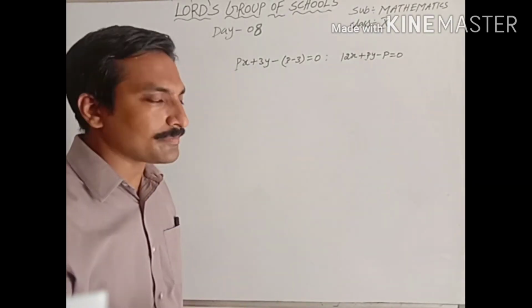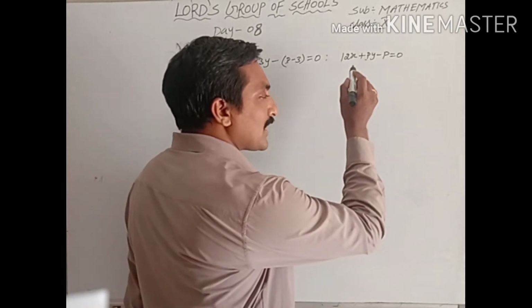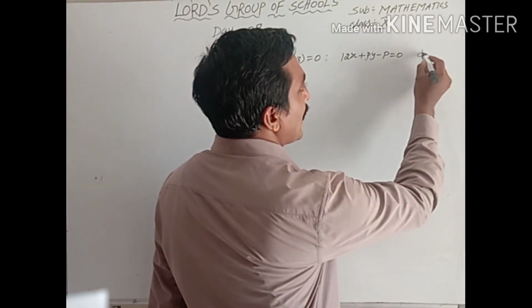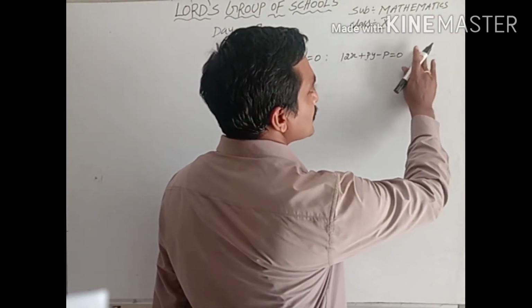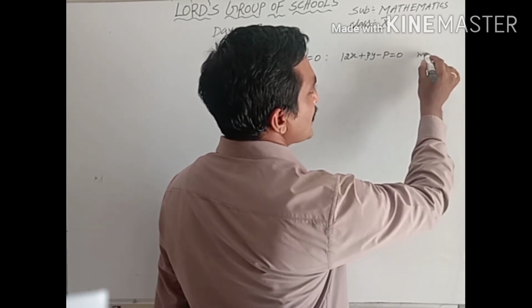The letter p is present. When the given lines are dependent, as the textbook says, there are many solutions.